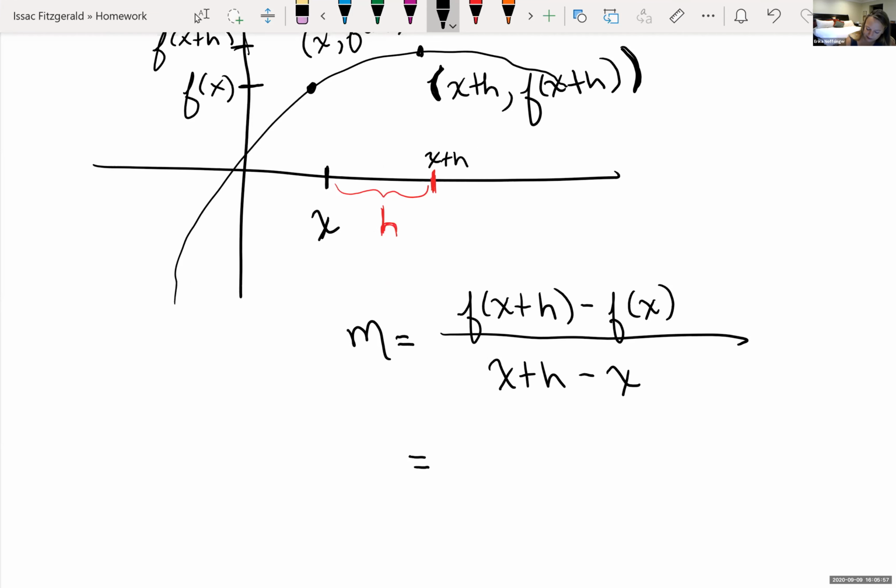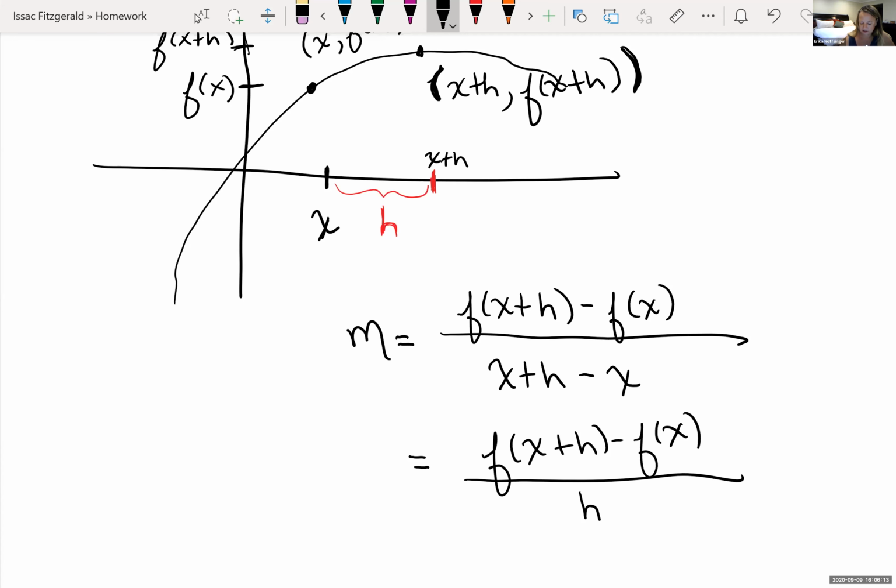So this simplifies down a little bit. F of x plus h minus f of x, all over x plus h minus x. These x's are going to cancel and just leave me with h. So it might look a little familiar to you.